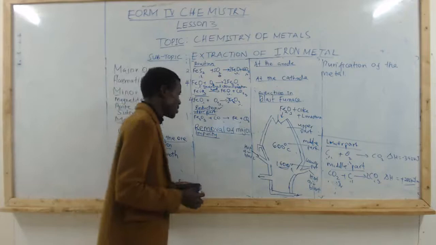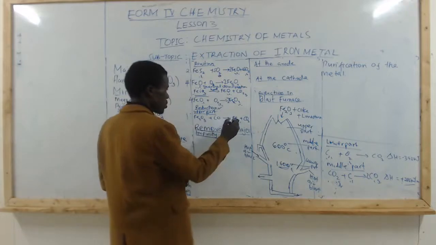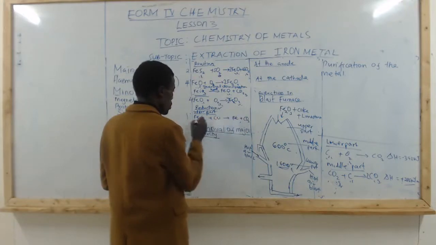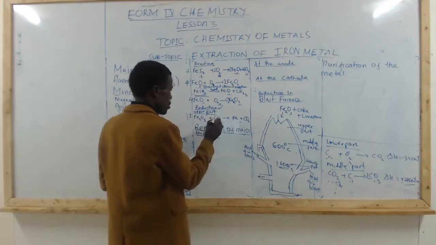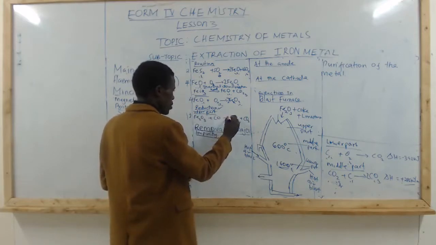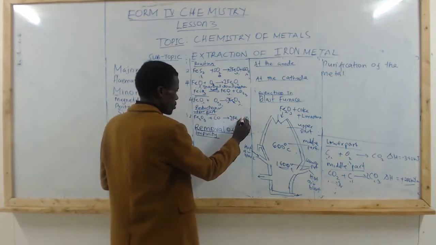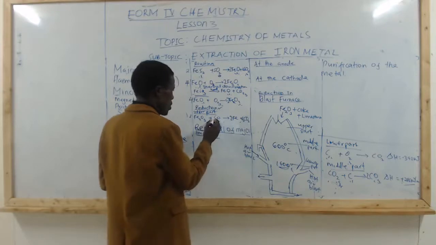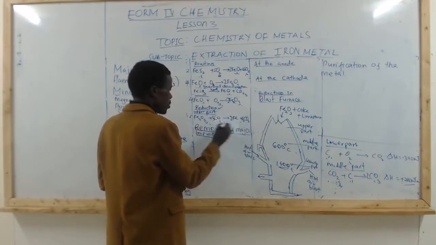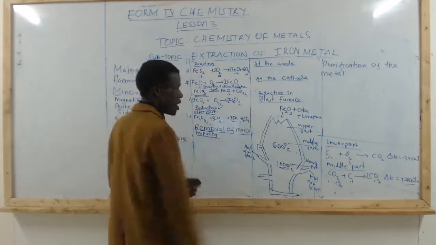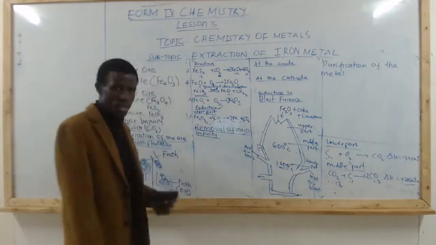We can balance it by having 2 here, for example. Let's see how it is balanced. Let's say we have 2 here, then we have 3, then we have 3. So we form iron metal.